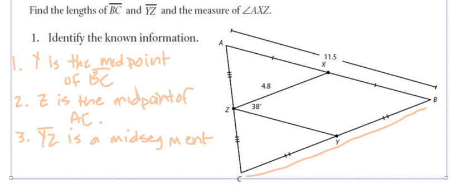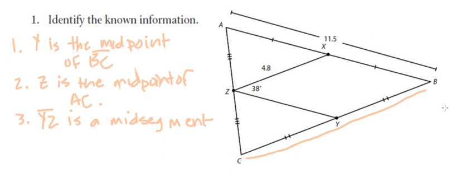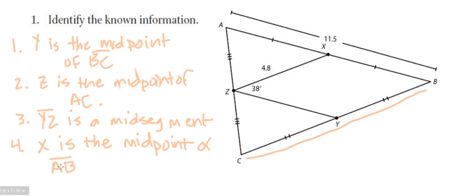And if I'm looking at this, I'm actually able to identify that there is a third midpoint here, and that's point X. So I also know that X is the midpoint of AB. And then I notice that Z to X goes from midpoint to midpoint, so ZX must be a mid-segment.